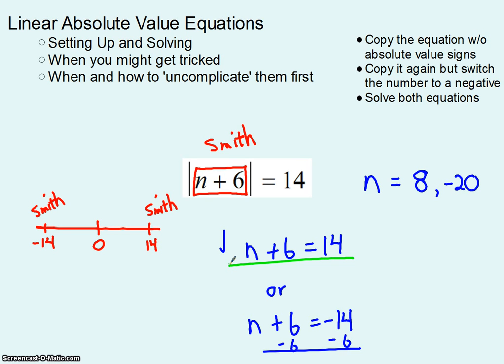Then, copy the equation again, but switch the number to a negative. So that's what we did right there. Then, solve both equations. You'll get your answers, and you're done.